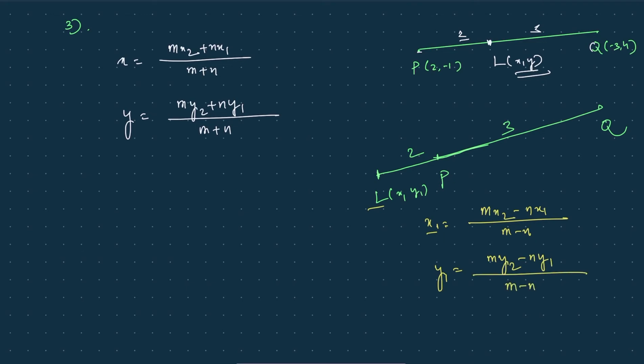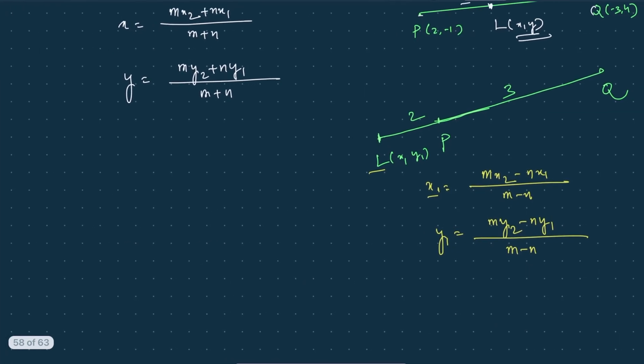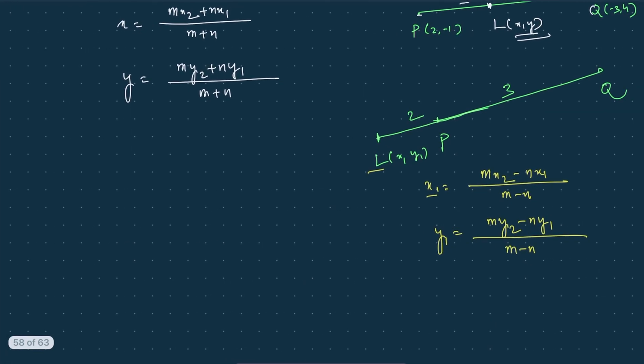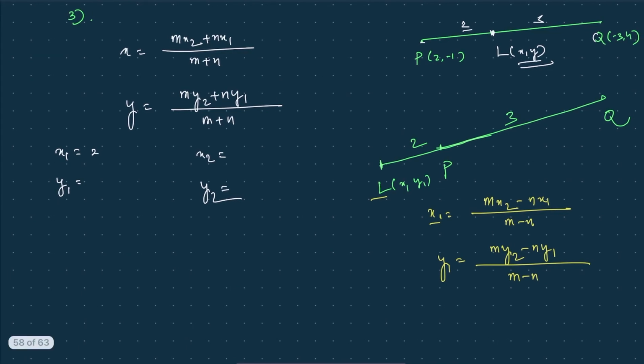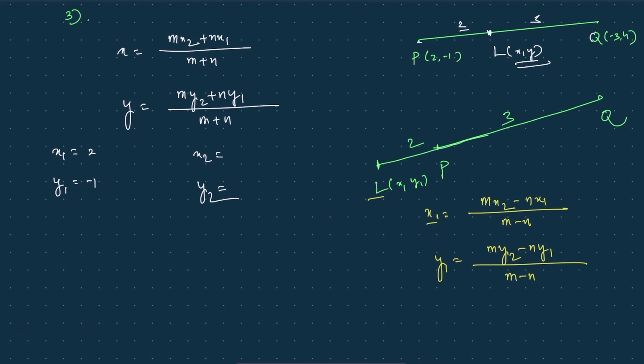Now I'm going to solve again. First I'm going to solve for this internal division. So we know what x1 and y1 and x2 and y2 are. x1 is equal to 2, y1 is equal to minus 1, x2 is equal to minus 3 and y2 is equal to 4.